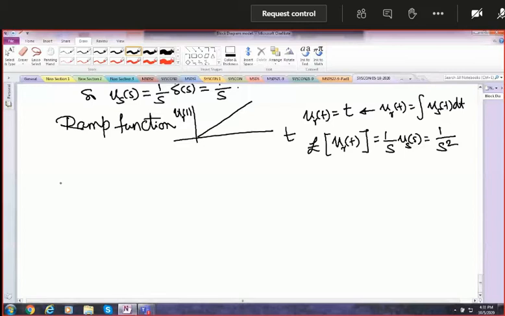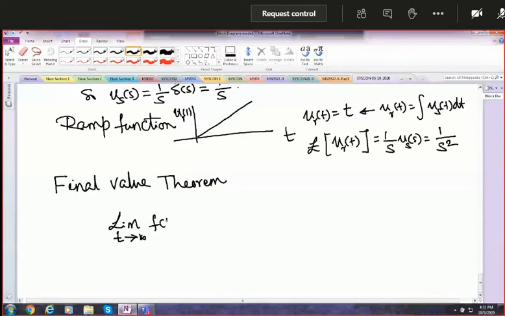It says, limit t tending to infinity of f(t) is equal to limit s tending to 0 of s times F(s), where f(t) is a convergent function.